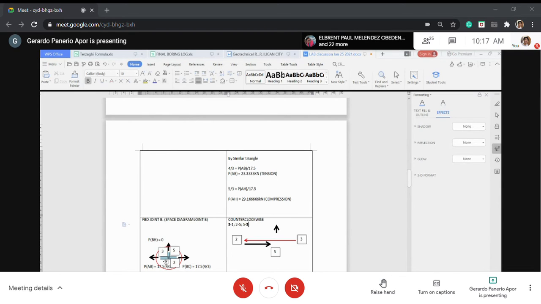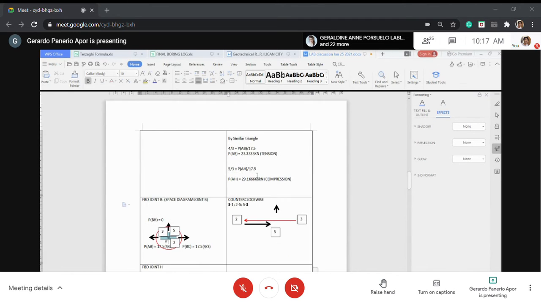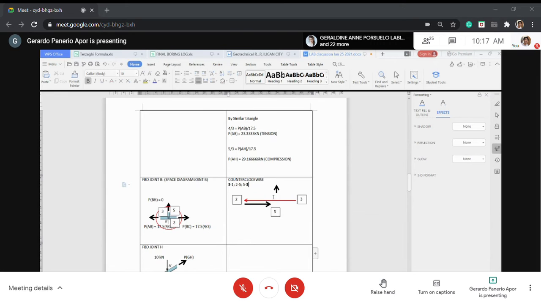So 3 to 2, that's known to be 23.33. That's 23.33, 3 to 2.